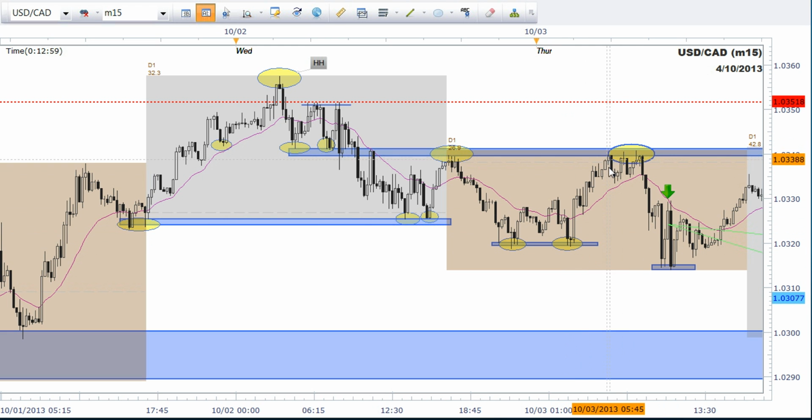So once this happened in the morning, and then I was at the computer 9-10 o'clock, and so I saw this 10 a.m. bar break right down and put in a new lower low.